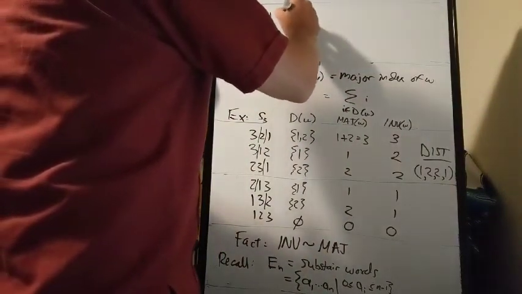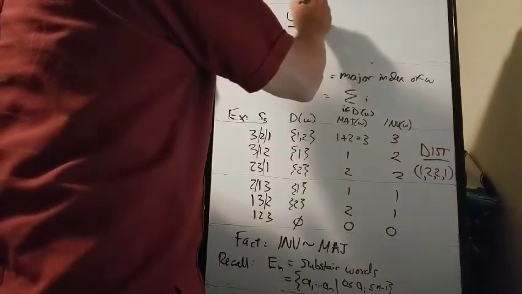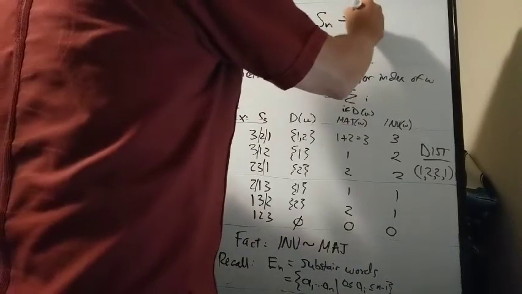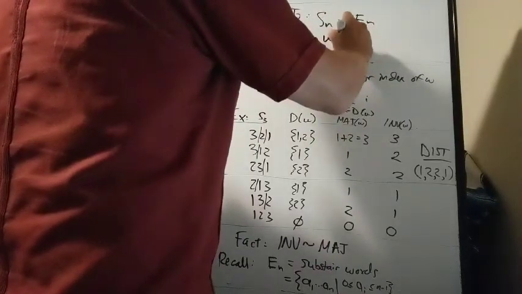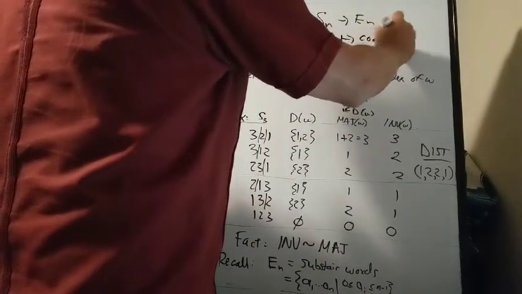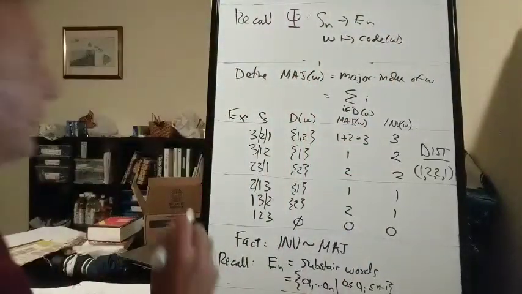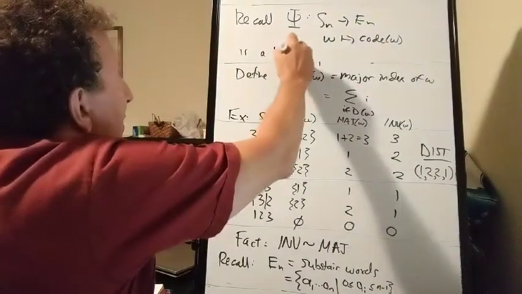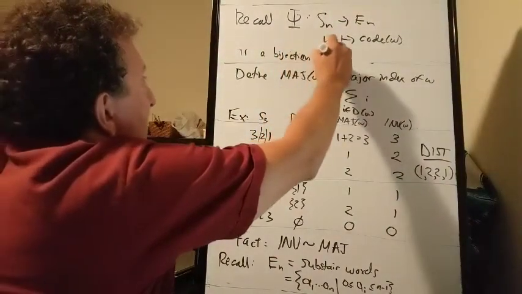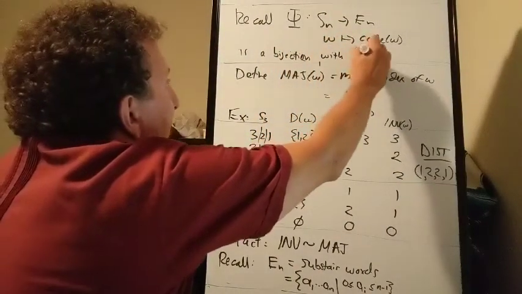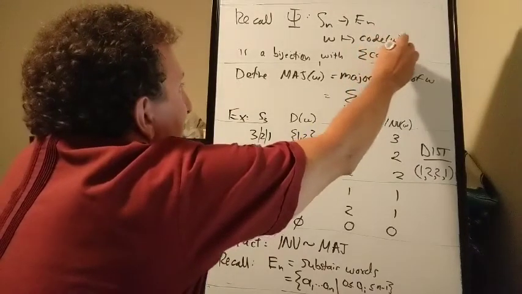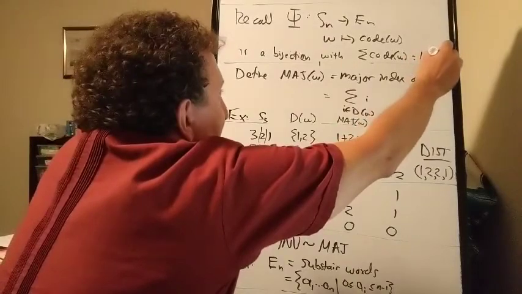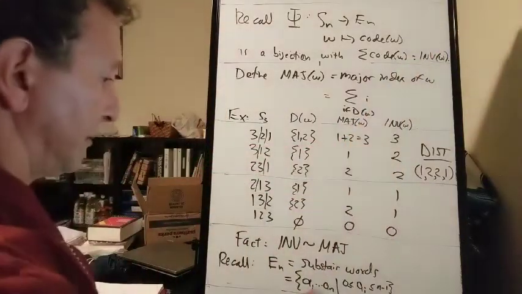And recall that if we define a map psi from the symmetric group to the substair words by sending a permutation to its code, that's a bijection, with the sum of the letters in the code being equal to the number of inversions in the permutation.